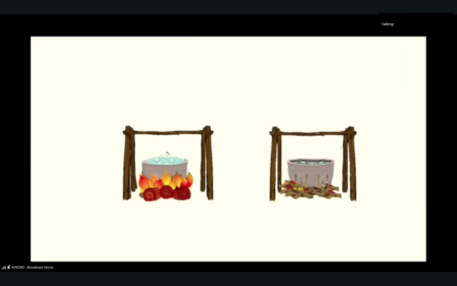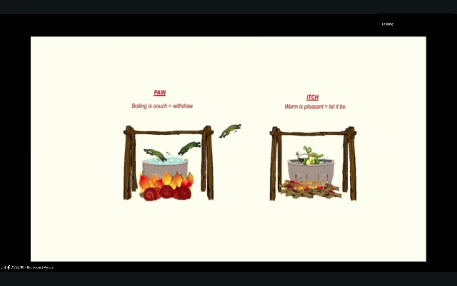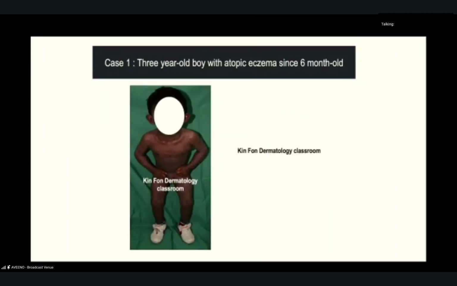This is another way to look at the difference between pain and itch. So pain, you quickly jump out from the boiling water, but with an itch sensation, you enjoy first, later you get killed inside this initially pleasant boiling water. There's a major difference between them.